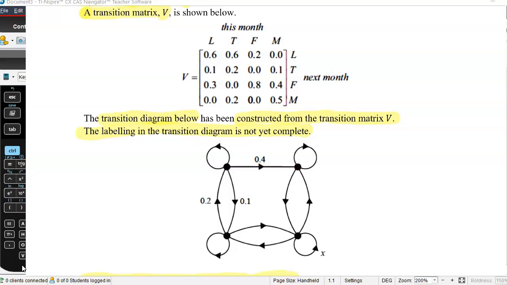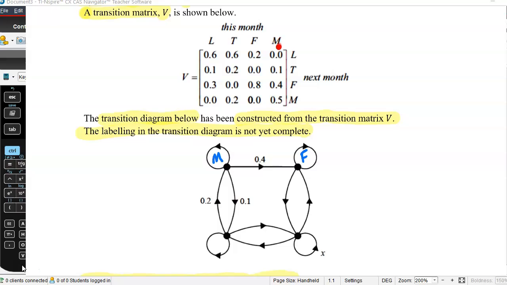And looking through here, that's M to F, isn't it? That's got to be M. I'll write that there. M, go to F.